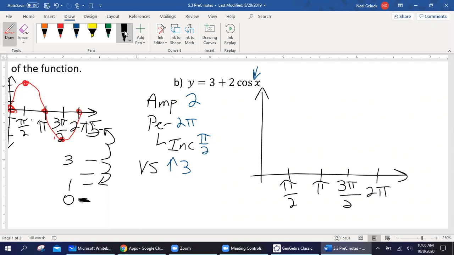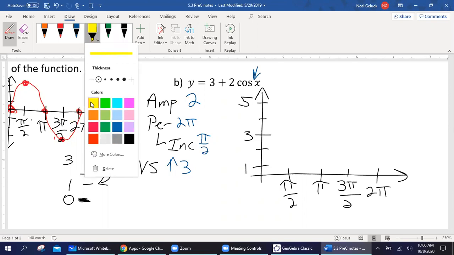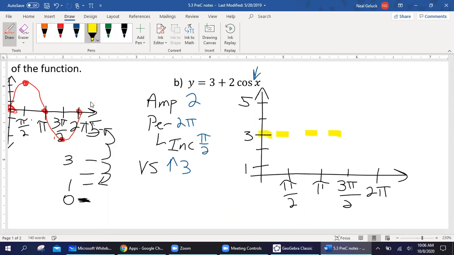But again, on the y-axis, my midline is up 1, 2, 3. And then I'm going to go 2 from there. So I'm going to go down to 1 and up to 5. So my graph is going to exist between 1 and 5. Since my midline changed, by the way, I like to put a little dotted line to signify that that's my new middle.